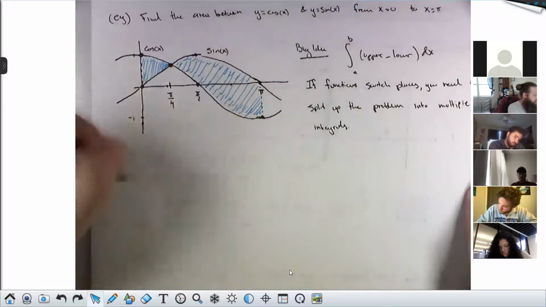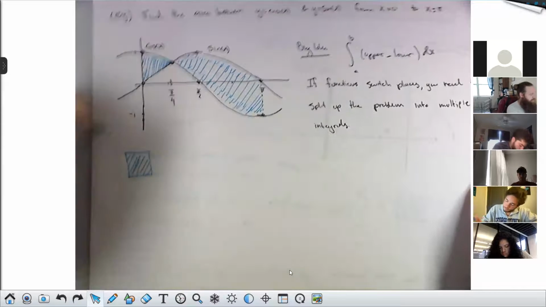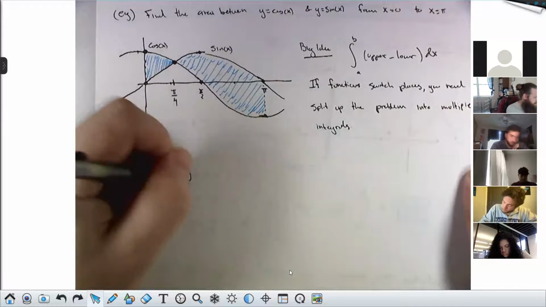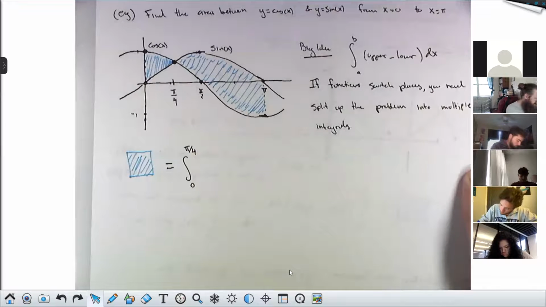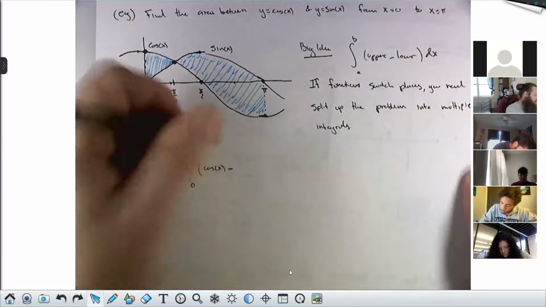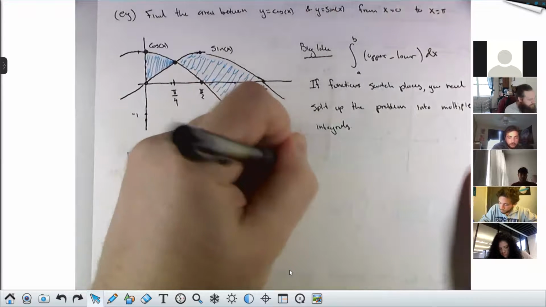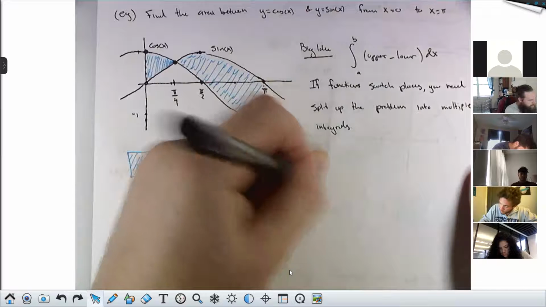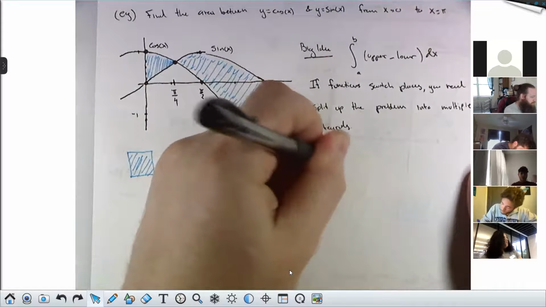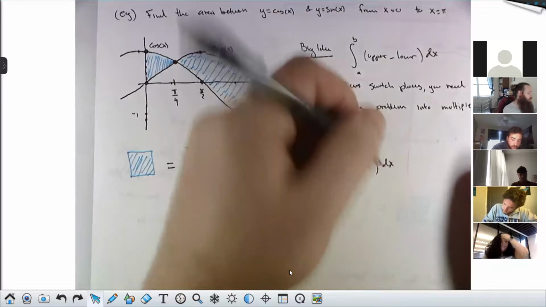So this time my shaded area is equal to the integral from 0 to pi over 4 of cos x minus sine x dx plus the integral from pi over 4 to pi of the upper minus the lower here, which is sine x minus cos x dx.